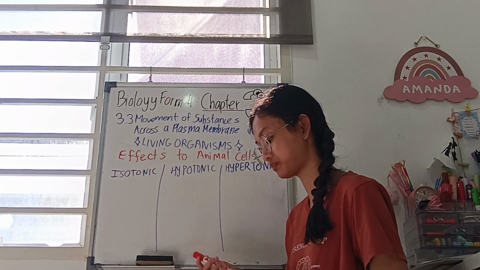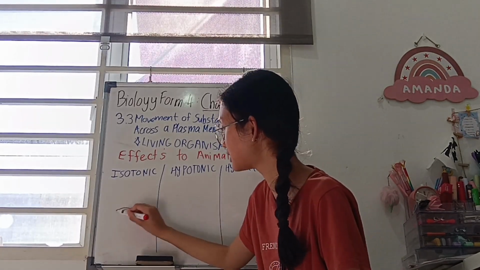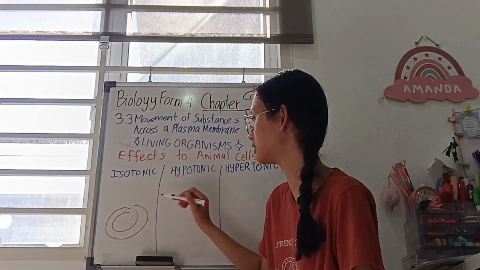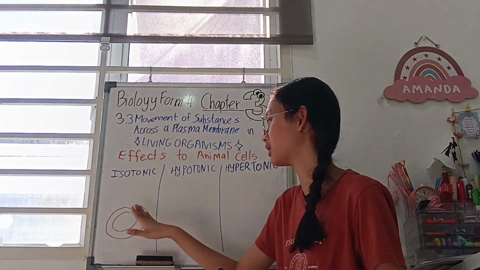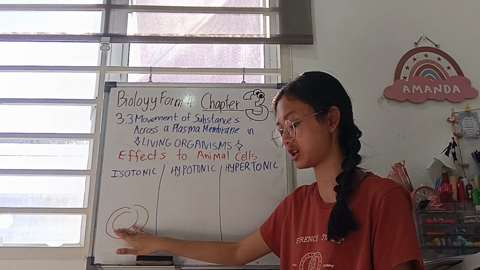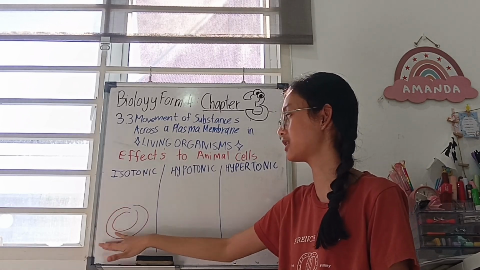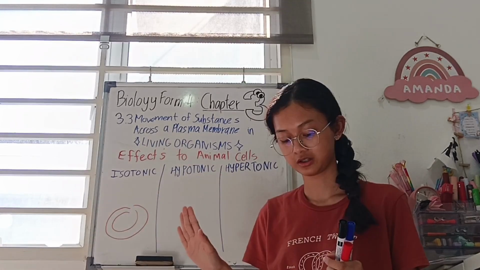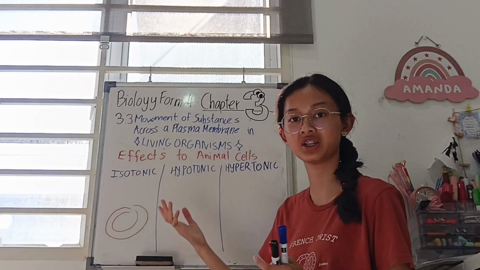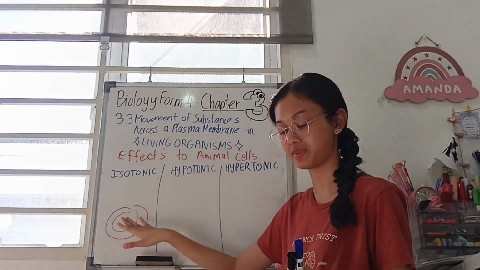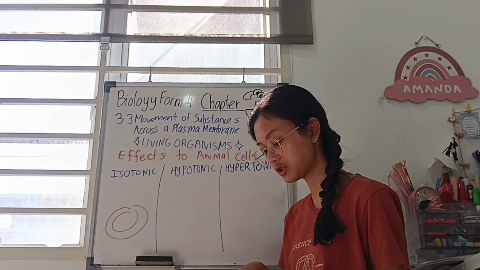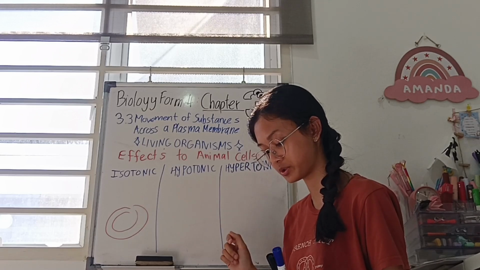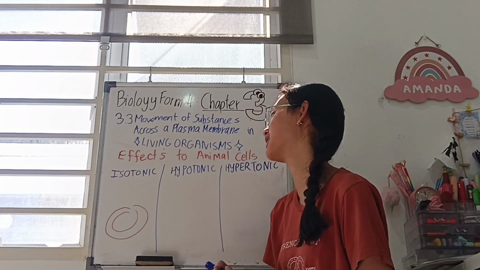So basically, this is our red blood cell. Inside the cell has intracellular fluid, and outside here is the extracellular fluid. So, if the solution is isotonic to the red blood cells, then the water will diffuse into and out of the cell by osmosis at the same rate.